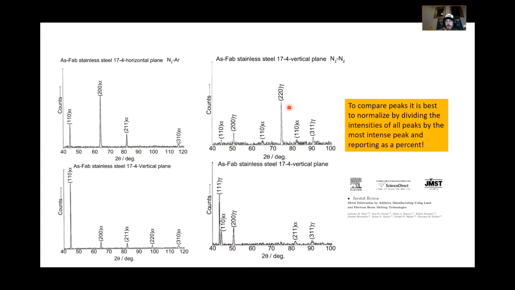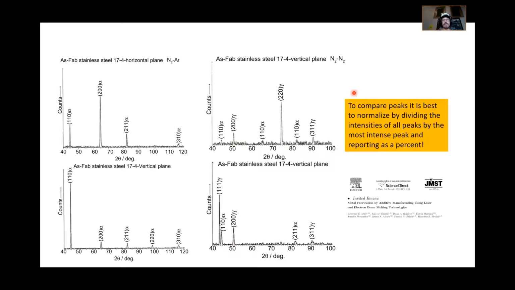I put here this tip for practical X-ray diffractometry. When you compare peaks, it's actually best to normalize your peaks by dividing the intensities of all the peaks by the most intense peak and then reporting it as a percent. That's recording the relative intensity.